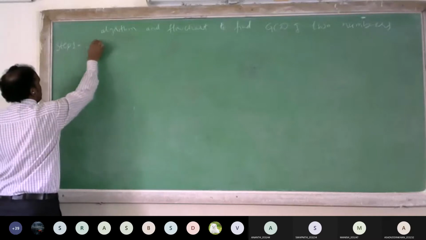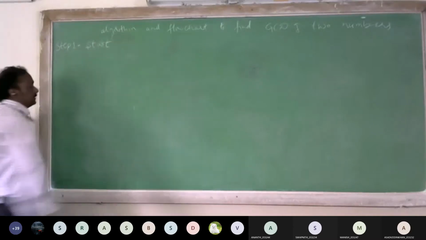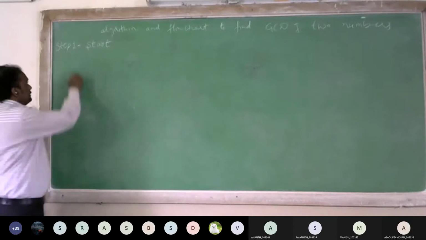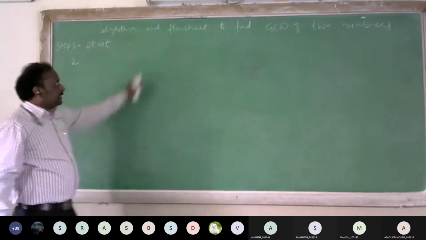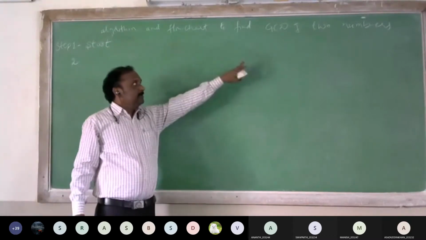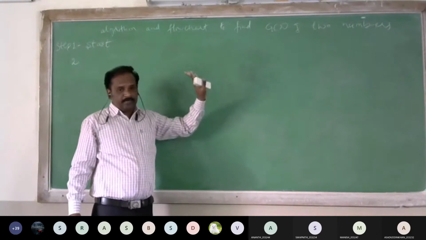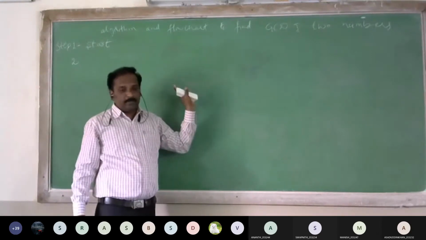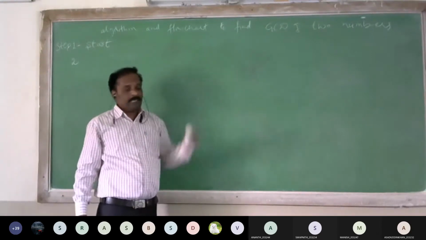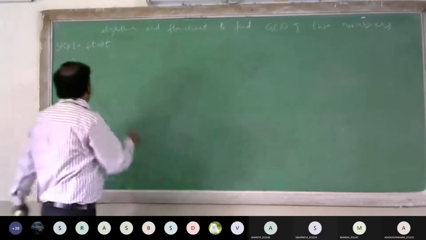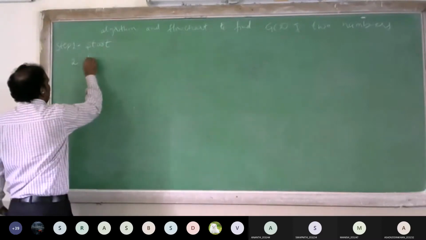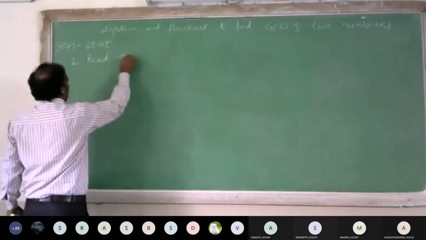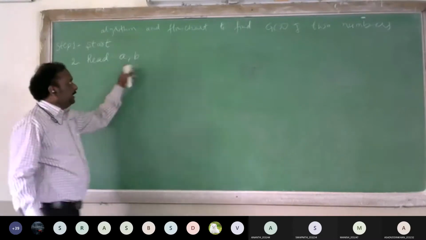Step 1 will always be start. Second, read the question carefully. How many inputs do we require? We require 2 inputs, so I am writing read A, comma B.